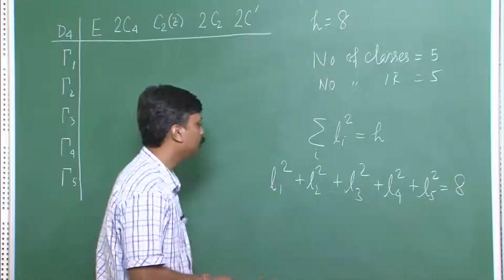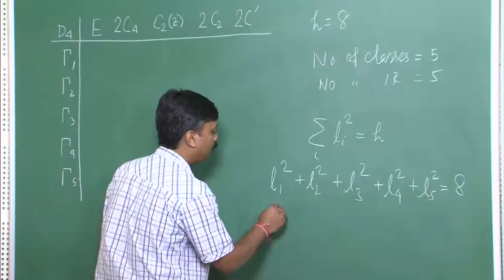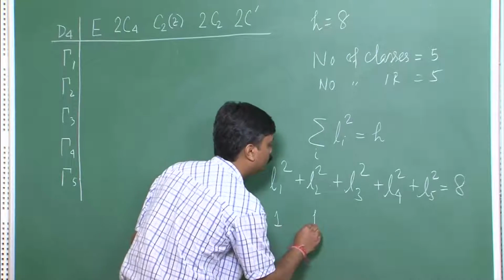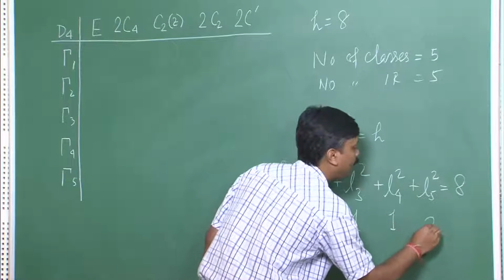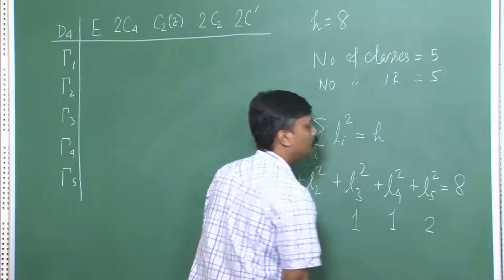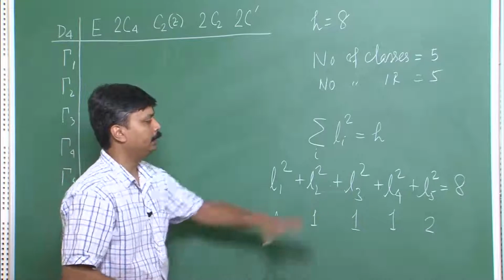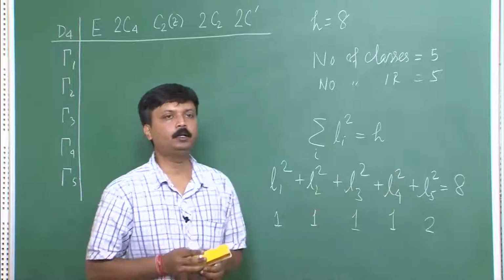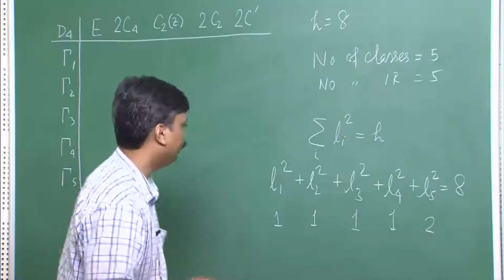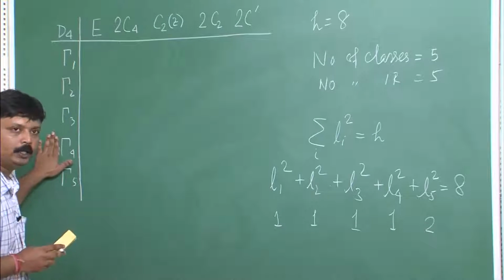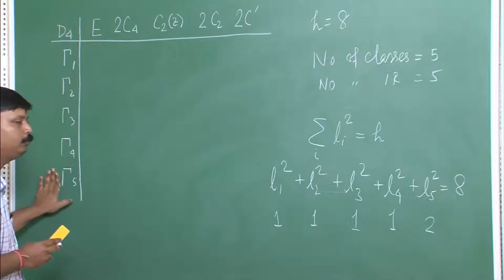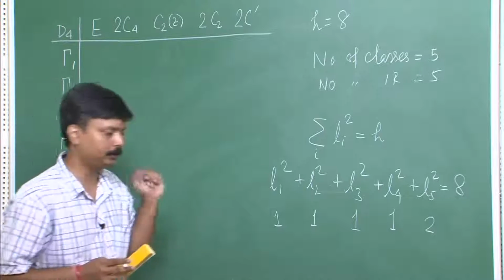So, our unique solution is l1 equals 1, l2 equals 1, l3 equals 1, l4 equals 1 and l5 equals 2, which makes this equation satisfied. Therefore, these 4 are one-dimensional irreducible representations and this 5th one is a two-dimensional representation.